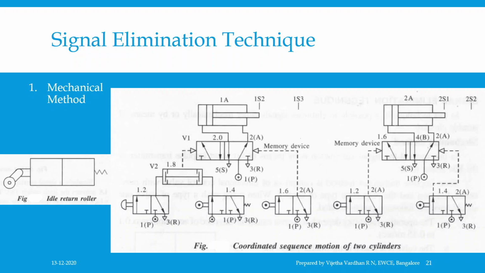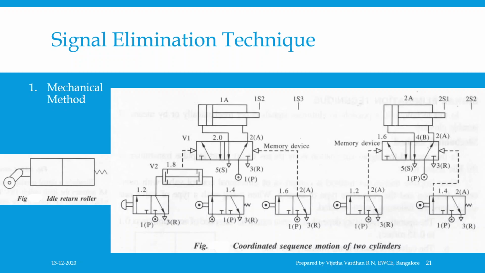In the circuit diagram, an arrow is shown at cylinders 1A and 2A at the limit switches 2S1 and 1S3. The direction of the arrow indicates the direction of over travel of the roller lever valve with idle return that leads to actuation. No actuation takes place in case of over travel in the opposite direction.